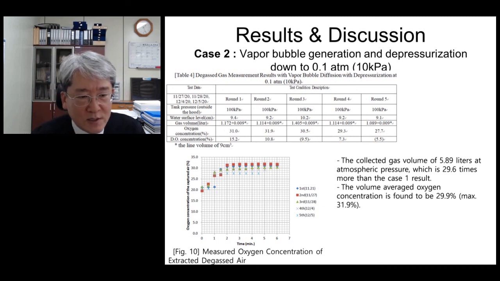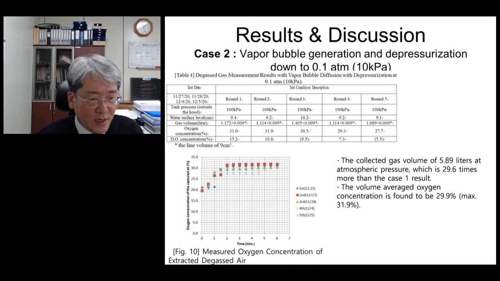The second test results are obtained for the combined process of depressurization along with micro vapor bubble generation. In this case, massive tiny vapor bubbles are generated with higher degassing rates. Due to the limited holding capacity of the gas collector hood, this degassing process is repeated a total of 5 times.